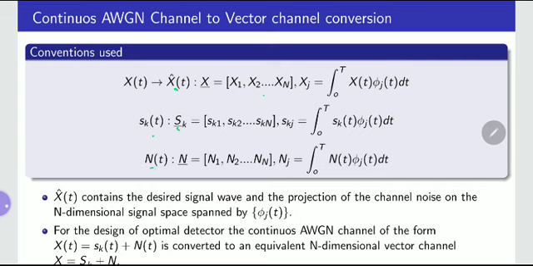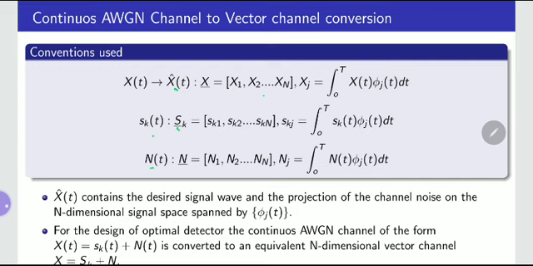And n of t is our original noise. So we have seen that this original noise has two parts. One part is the projection of noise on our n-dimensional signal space, and another part is n1 of t, and we have seen that n1 of t is irrelevant. So we are concerned only with n cap of t. So this n cap of t thus becomes a point in the n-dimensional space.